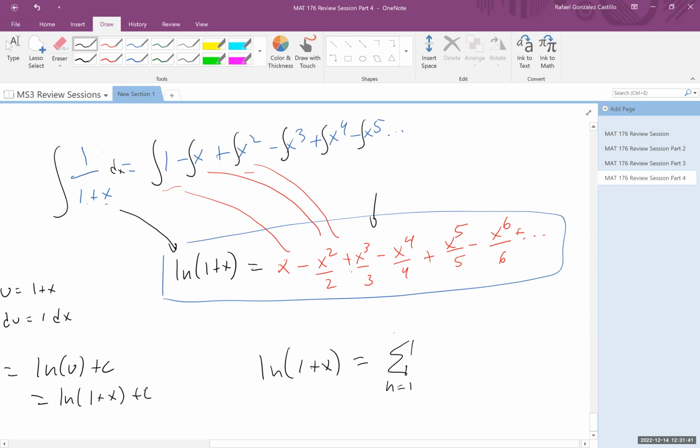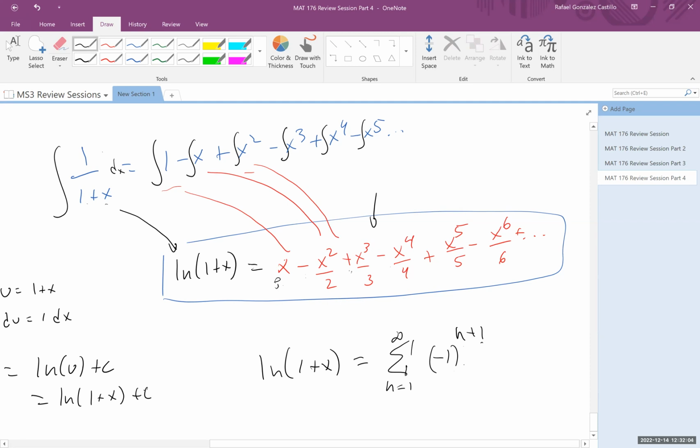We begin from n equals 1 to infinity, because it's an infinite series, and the signs are alternating. So we have -1. Now the first sign is positive. If the first sign is positive, that means that we're going to begin at n plus 1, because if we begin just at n, then it's going to be negative, because n begins at 1. So we have to do n plus 1 so that we begin with a positive term.